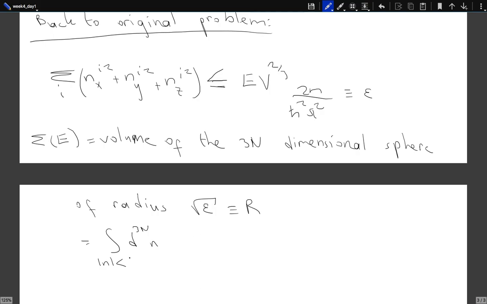Let me just call this R. So here the notation is d3n n is equal to dnx1 dny1 dnz1, etc. The absolute value of n, or let's say the square, is nx1 squared plus ny1 squared plus nz1 squared plus nx2 squared plus etc.